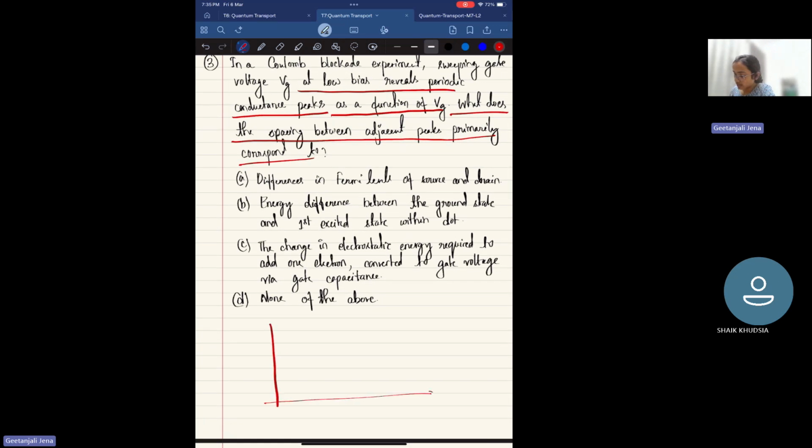So you are varying the gate voltage and you are seeing the conductance, or let's say current, and you are seeing periodic peaks. The question is asking, what does the spacing between these adjacent peaks primarily correspond to?